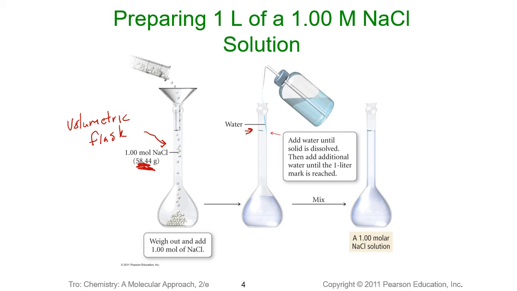Once you've added the solution up to the measurement line, you do want to make sure that you mix it again so that your entire solution is a 1 molar solution. So molarity is the quantity. When we refer to it in conversation, we would say a 1 molar solution.